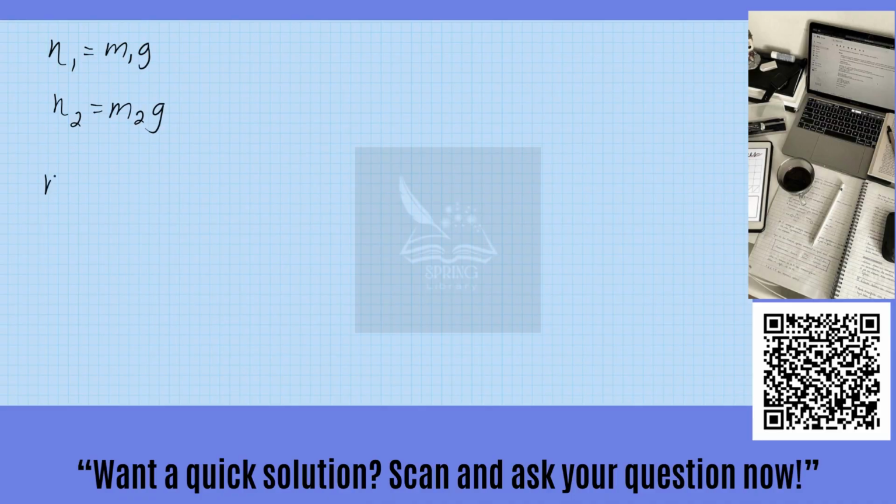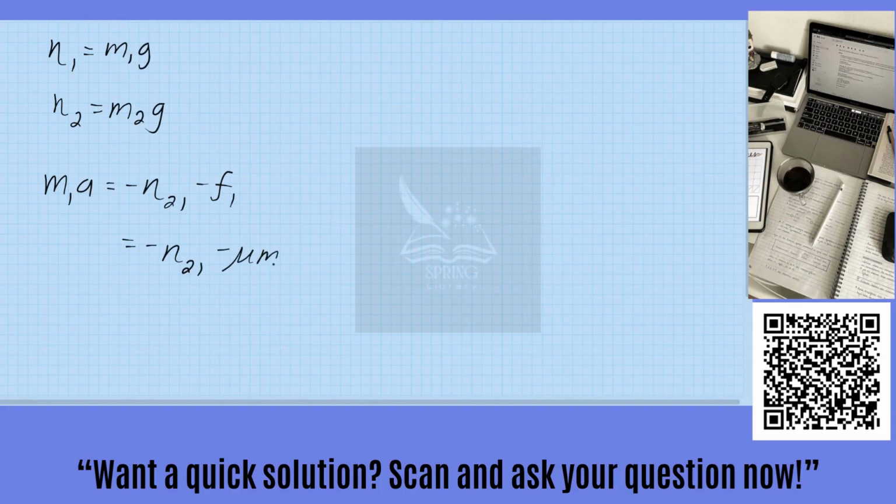So mass 1 times the acceleration is negative normal force on 2 to 1 minus the frictional force, which is negative N2 to 1 minus mu m1g. By that same logic, m2a is N12 minus mu m2g.